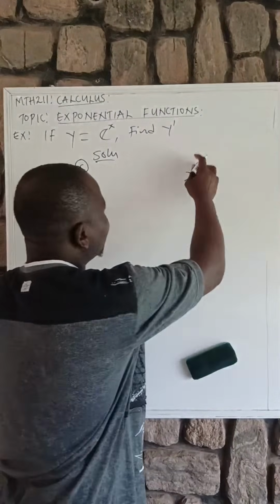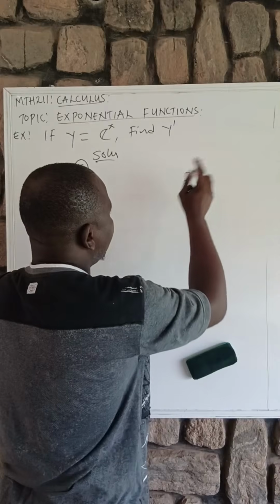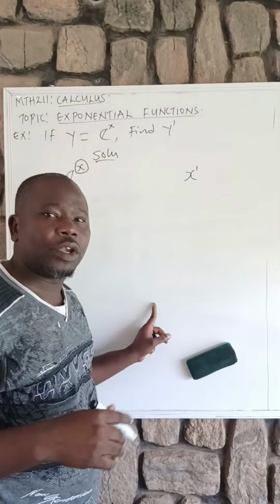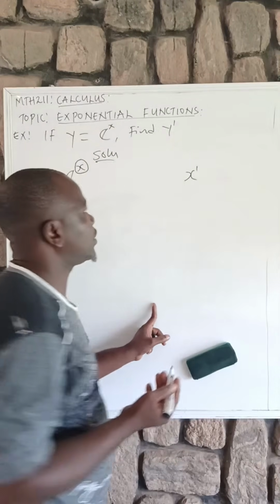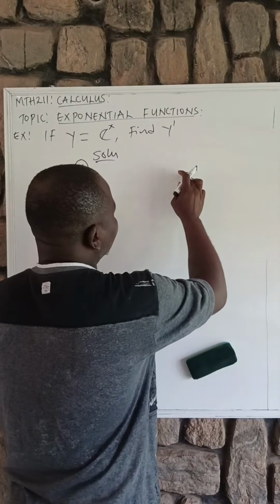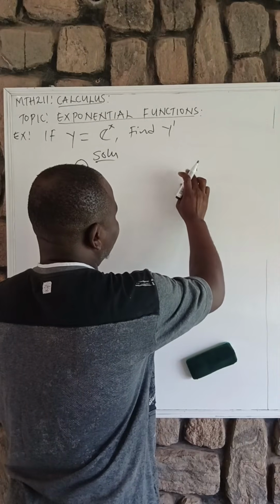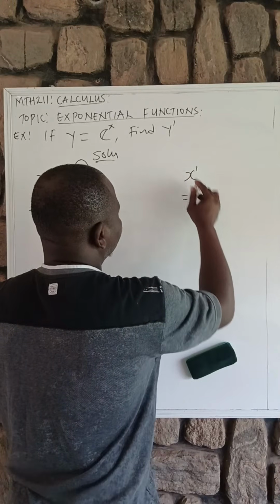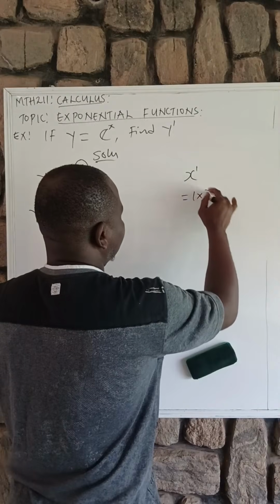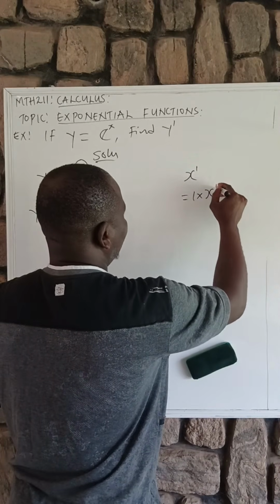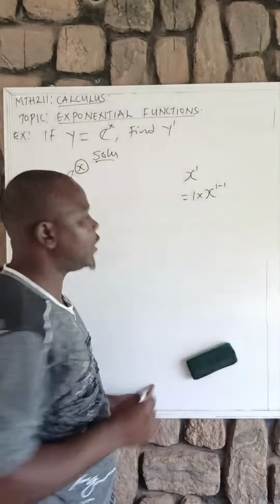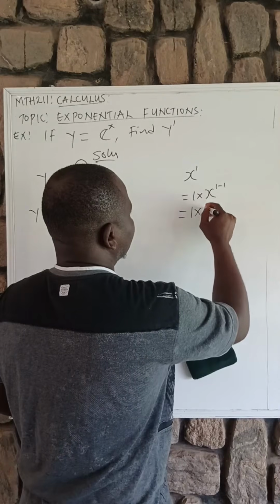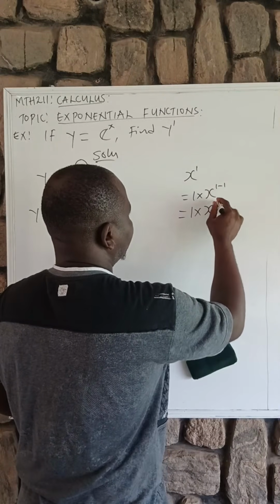So if you differentiate x, mind you, already we have here what? We all know how to differentiate, true or false? So use this one to multiply whatever the coefficient here. So this will now be 1 times x raised to the power of 1 minus 1, true or false? So this will now be equal to 1 times x raised to the power 1 minus 1 is 0.